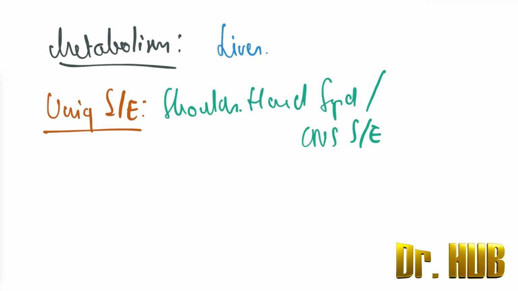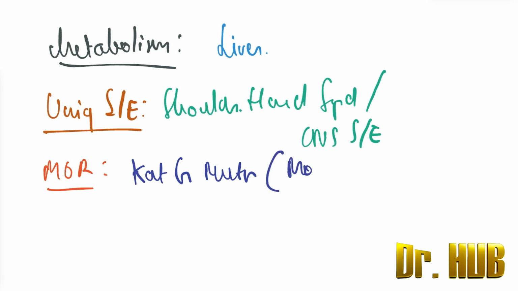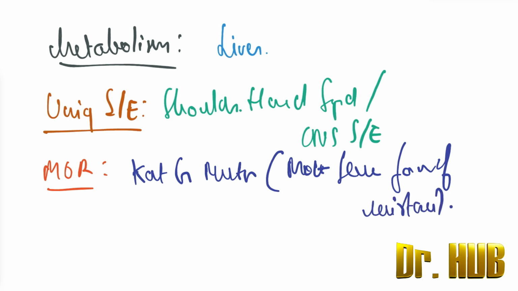So what is the mechanism of resistance? There is a katG mutation, and this is the most severe form of resistance. And then comes the presence of the INHA gene.